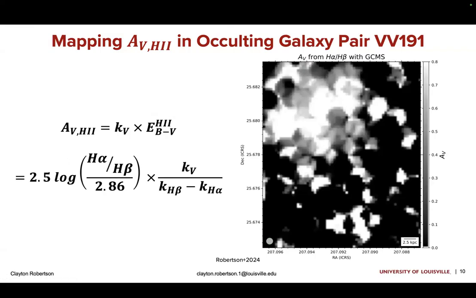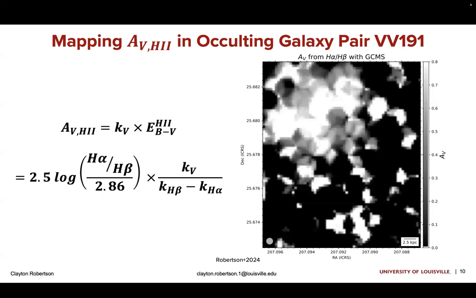Going through the literature, I found that from assuming the attenuation laws to calculate the AVH2, there's not much difference depending on which one you choose, because in the visible band this KV kind of approaches RV, and because VV191 is a very similar galaxy to the Milky Way, we assume the Milky Way sightline.